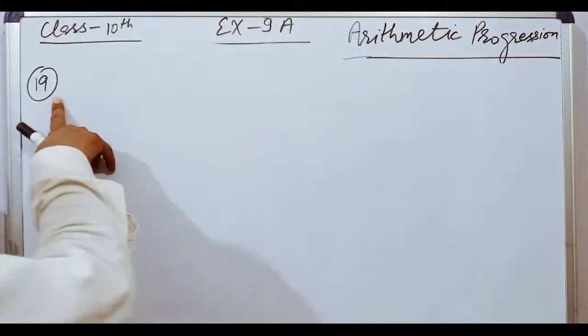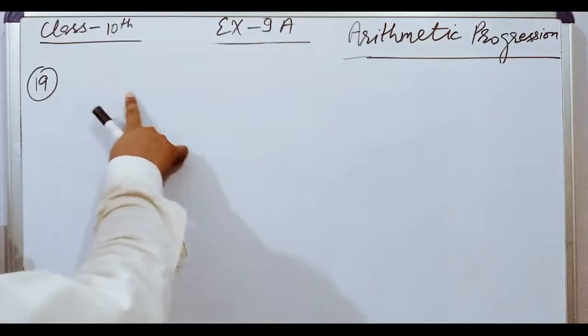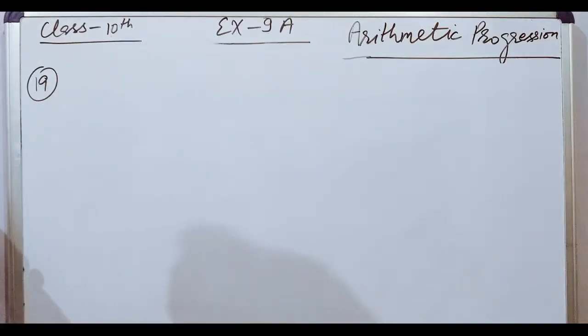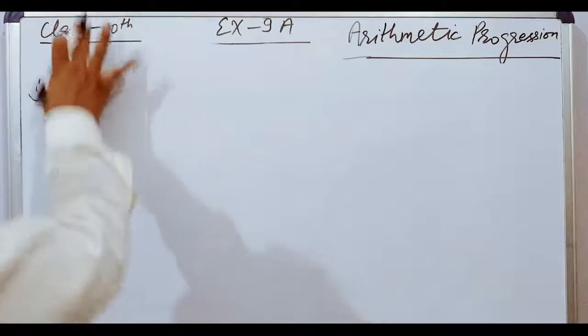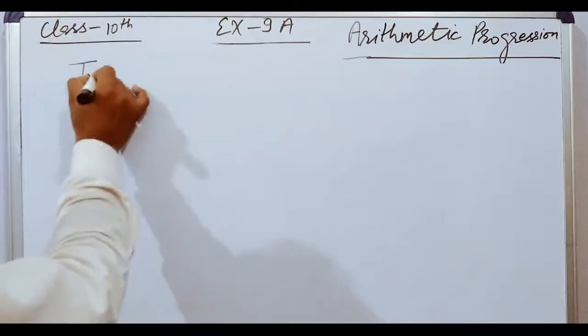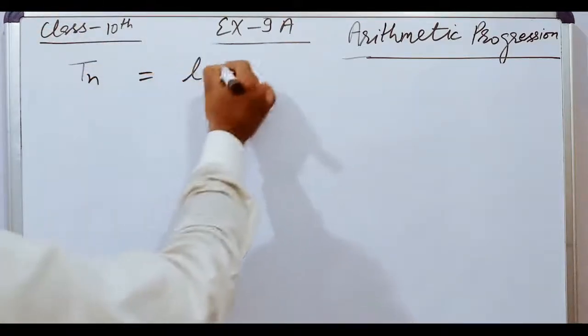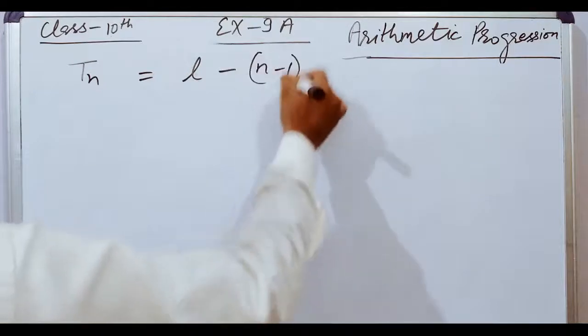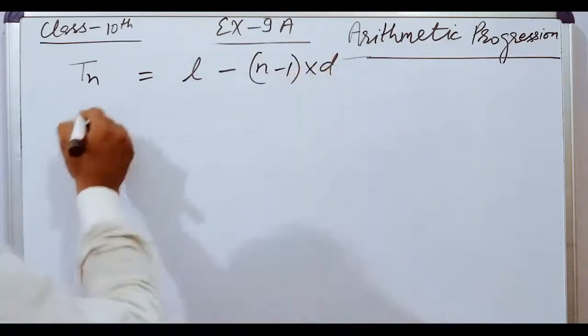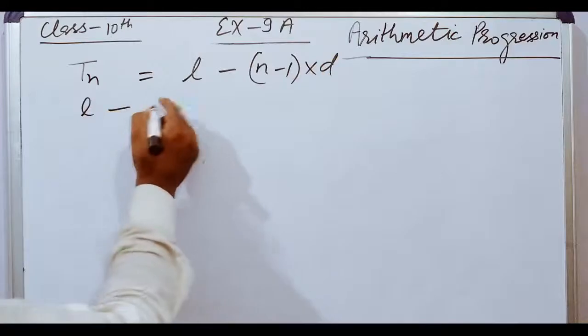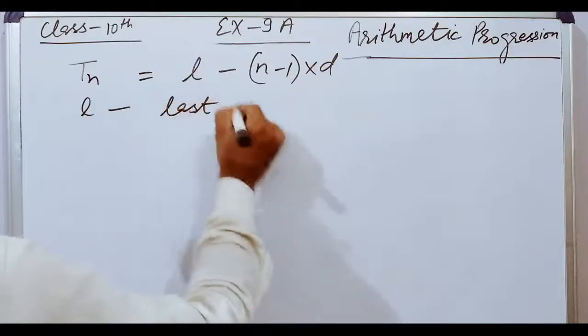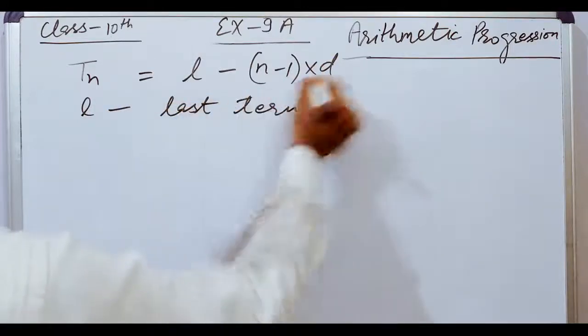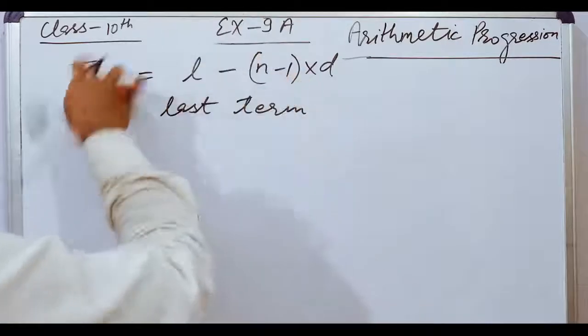Now question number 19. Find the 7th term from the end of the AP 7, 10, 13, up to 184. So, dear student, the nth term from the end equal to L minus n minus 1 into D, where L is the last term, D is the common difference, and n is the term which we have to find.